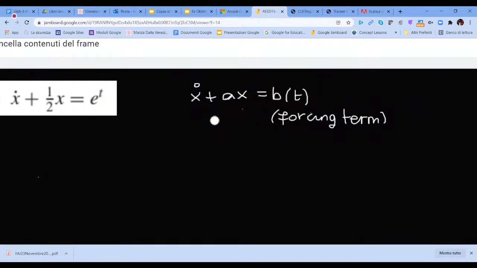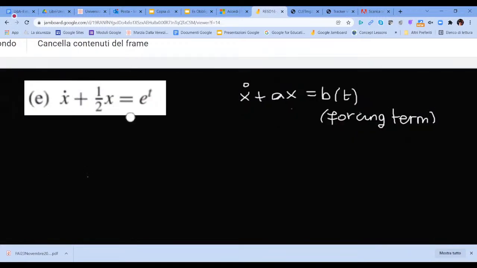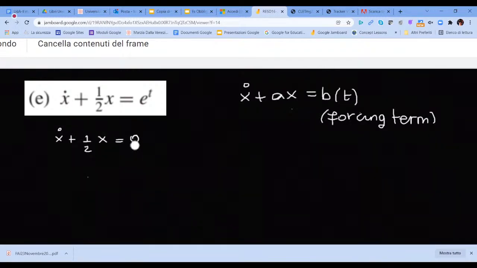You can apply directly the computation that is given as a rule, or you can evaluate the general solution of the homogeneous equation, so without this term that is associated, and then add a function as a particular solution and substitute computing the derivative.